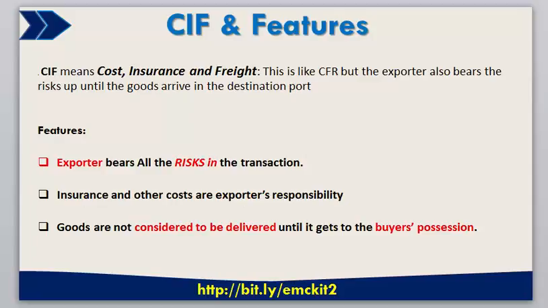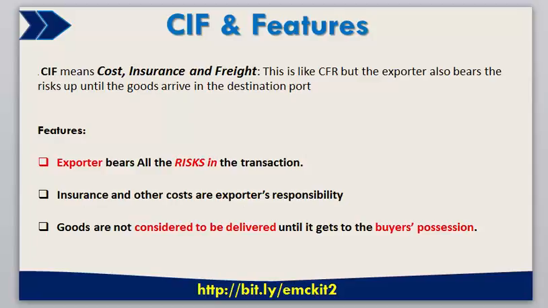So majorly most of them will opt in for this particular export contract with any exporter that comes across them. This is CIF, cost, insurance and freight. It means that the exporter bears all the risk up to the port of destination.